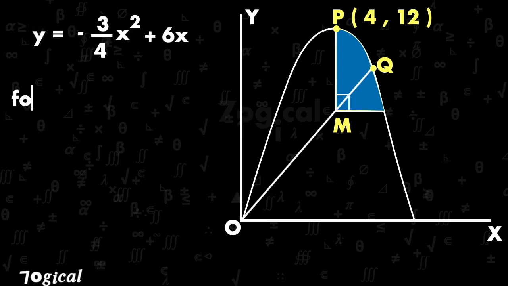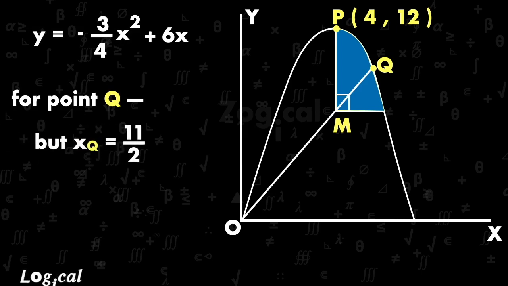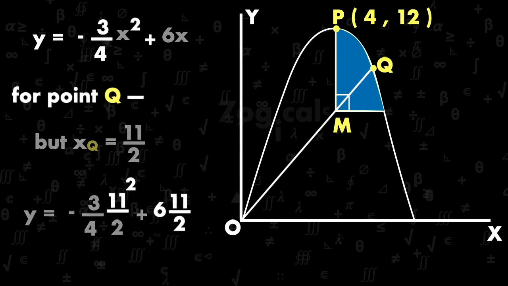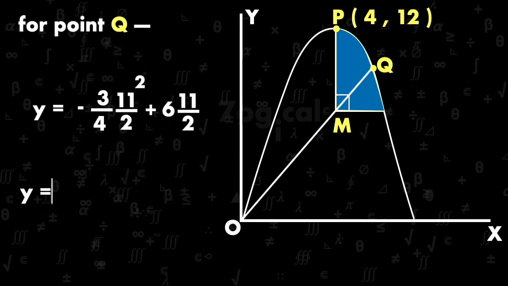For the point Q, xq is given as 11 by 2. Inserting this value, y is equal to minus 3 by 4 into (11 by 2) square plus 6 into 11 by 2. Y is equal to minus 363 upon 16 plus 66 upon 2.